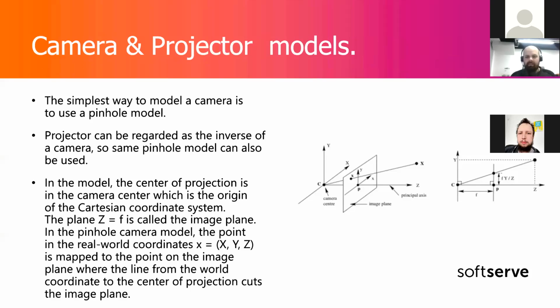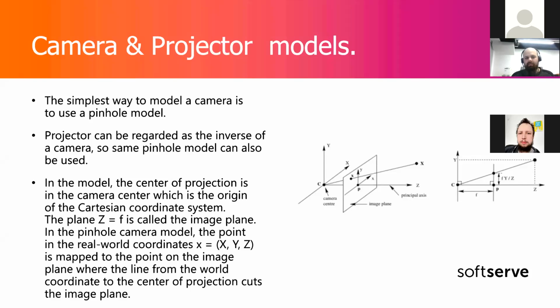In our case, we use the pinhole model for the camera and the projector, which is a very simplistic approach for describing a camera, and we have the camera image plane with its coordinates and world coordinates. For the calibration, we used the Zhang method, which is implemented in OpenCV.